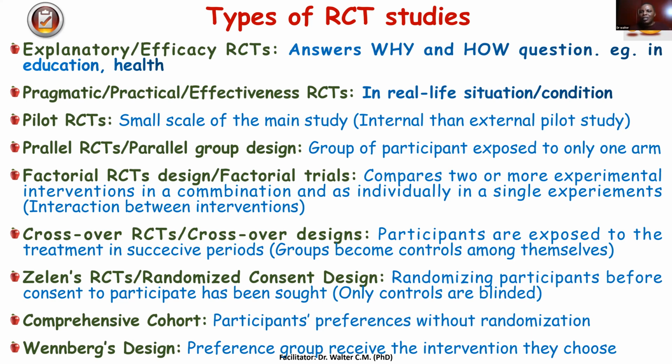You need treatment A, yes. So go there. You don't need randomization. So this is called the comprehensive cohort. And then we have Wennberg's randomized design. So you allow participants to choose which intervention group they prefer. So if I prefer treatment A, I go to treatment A. If I tell you I want to go to the control, you send me to the control, you see?